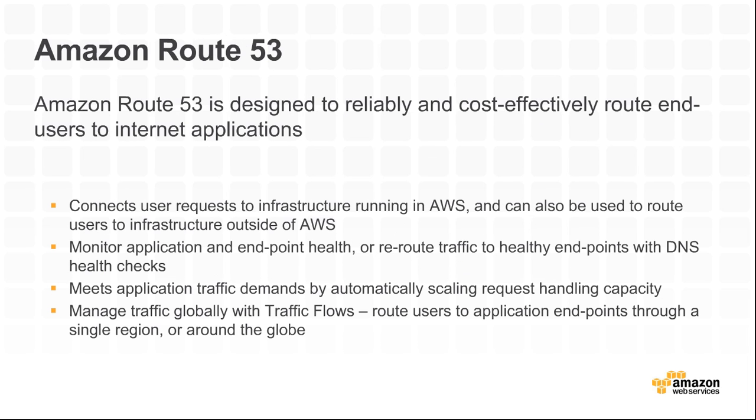Amazon Route 53 is our managed DNS service. This allows you to create a public DNS entry that you can control the routing of. You could do things like active passive, latency-based routing, or geographical-based routing, so you could say only people from this country get this result.